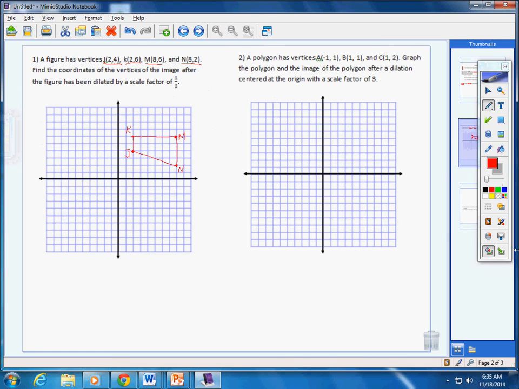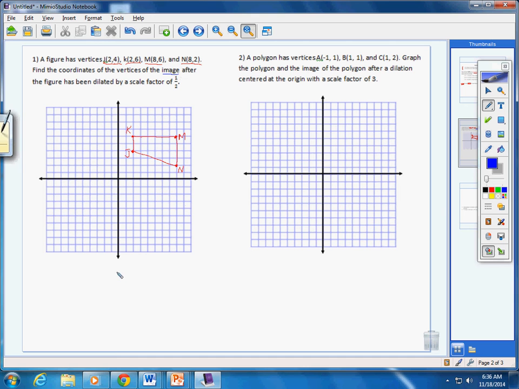Now, we've only got 2 examples for you today. A figure has vertices (2, 4), (2, 6), (8, 6), and (8, 2). Find the coordinates of the vertices of the image. So that means we're trying to find the vertices of the new figure after the figure has been dilated by a scale factor of 1/2.